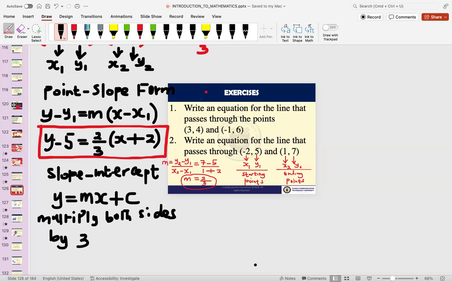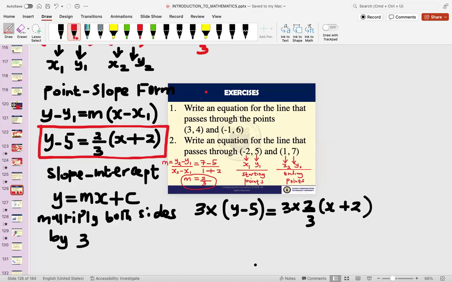So let's work around it. So we pick this one, we multiply this one by, so 3 multiplied by y minus 5 is equal to 3 multiplied by 2 over 3 into x plus 2. So we do some cancellation.